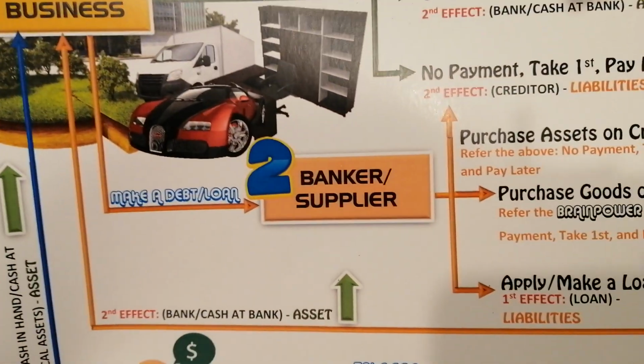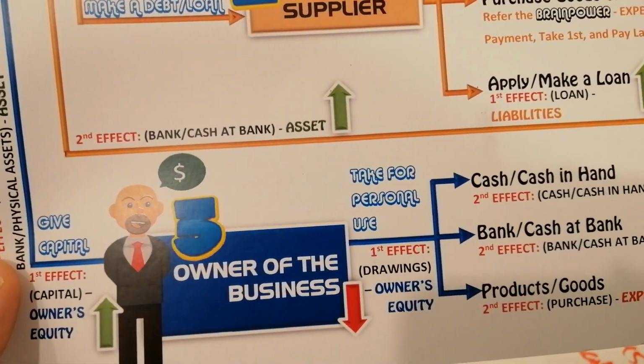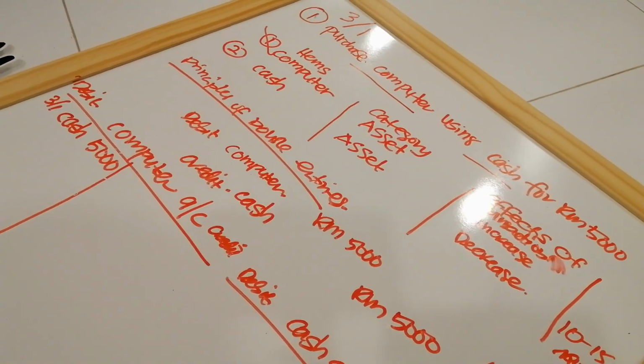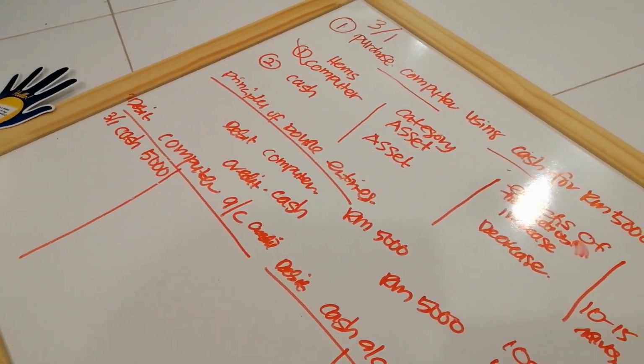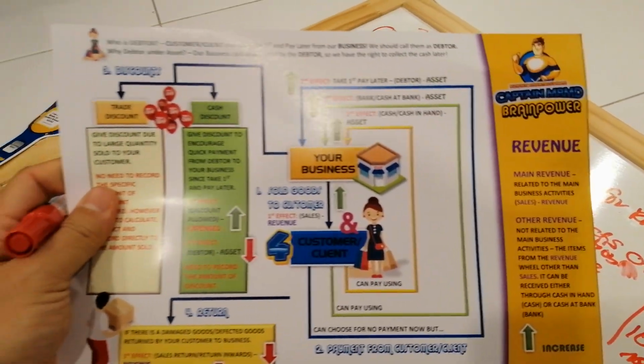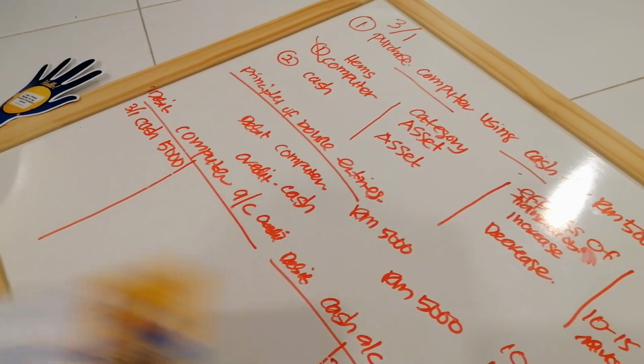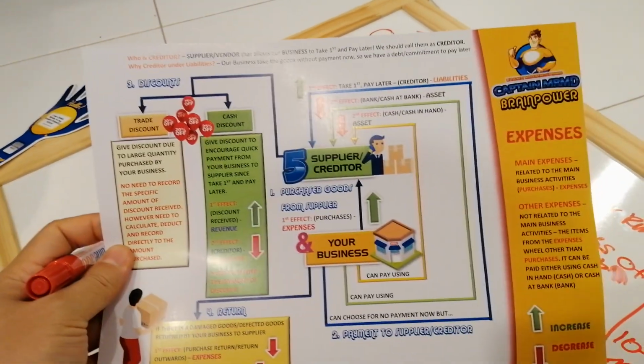And kita akan pergi the second untuk liabilities, and then we go to the third untuk owner's equity. So after this, my next video will be touch on revenue. Okay. And then we have expenses.